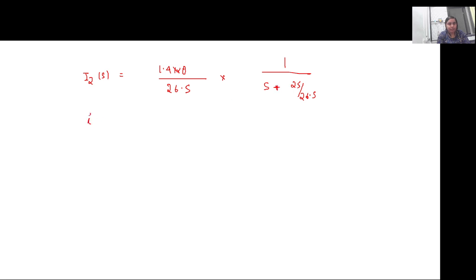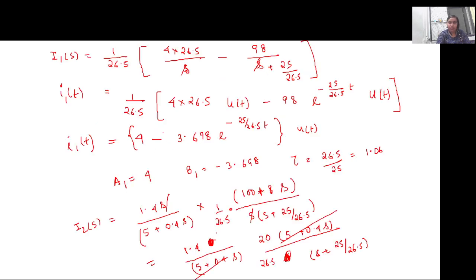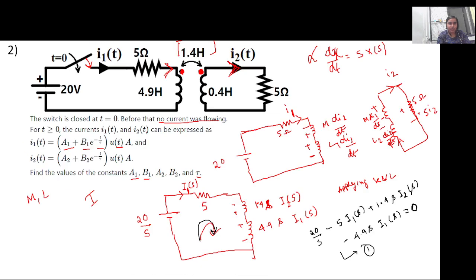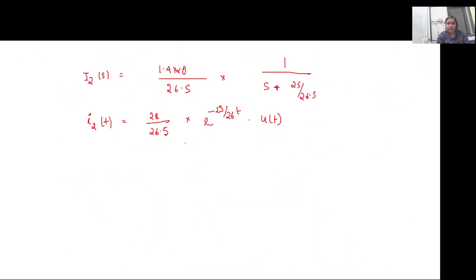So if you take Laplace inverse directly, it will be 1.4 into 20 is 28 by 26.5 into e to the power minus 25 by 26.5 t into u of t, right? This is I2 of t, the expression of I2 of t. Now in the question it is asked to find A2, B2 of this expression. So in this case there is no constant.